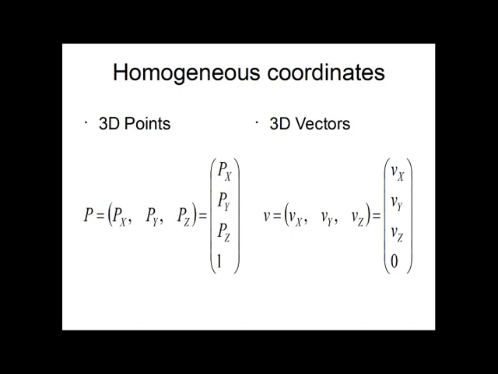So we need to add one coordinate, and we use this chance to make a distinction between points and vectors, where we add 1 when it's a point, we add 0 when it's a vector. And we will see in the calculations that this is not just an arbitrary distinction. It has an actual effect on how points are transformed and how vectors are transformed. And this is relevant to the way they work.